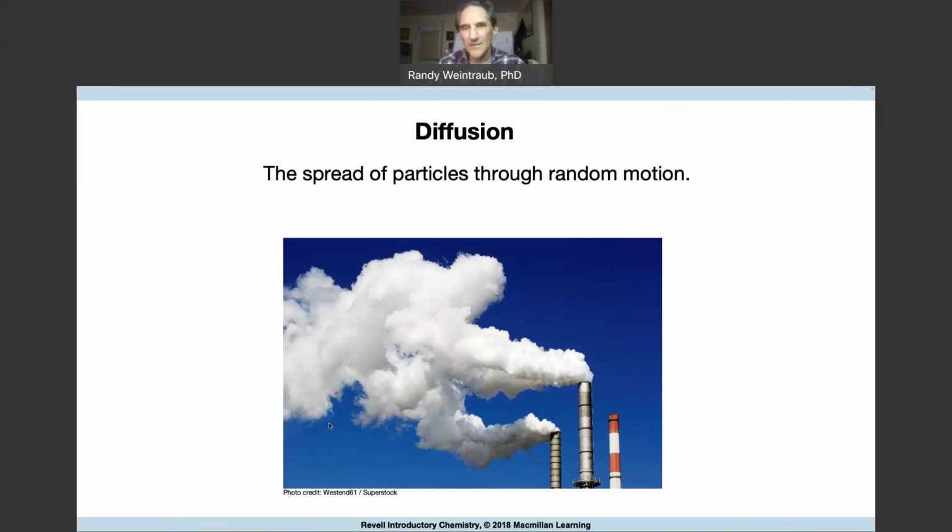For example, gases emitted from a smokestack diffuse out into the atmosphere because lighter particles move quicker than the heavier particles. The lighter gases diffuse more quickly than the heavier ones.